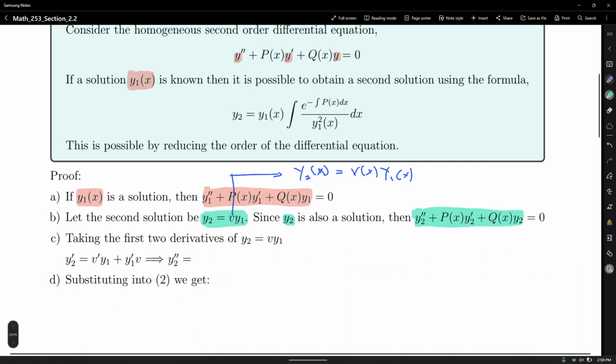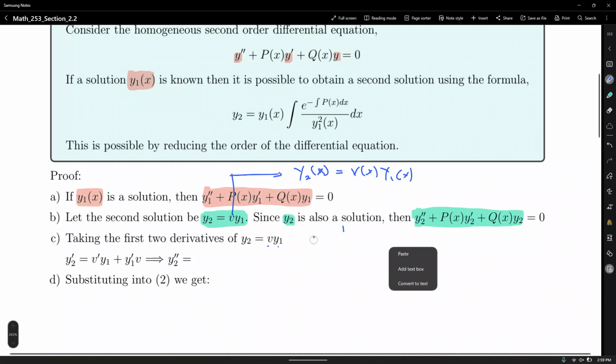Number one, because this is a product between two functions of x, we will use the product rule, and recall that the product rule (uv) prime equals u prime v plus v prime u. That is, in this case, v prime y1 plus y1 prime times v.